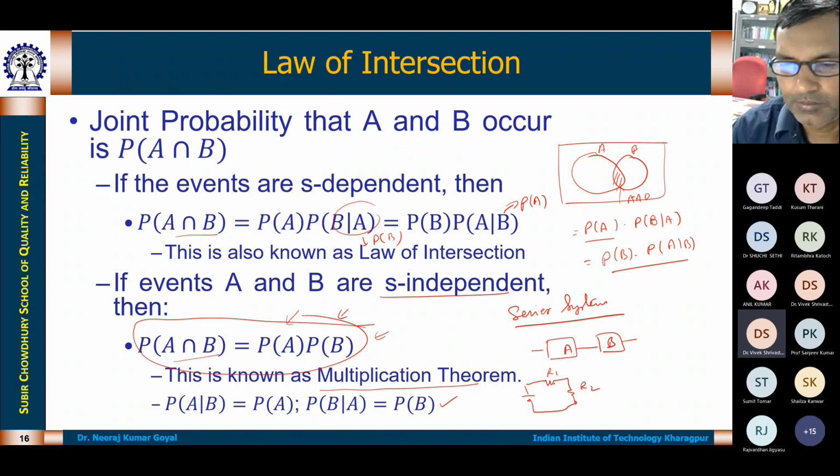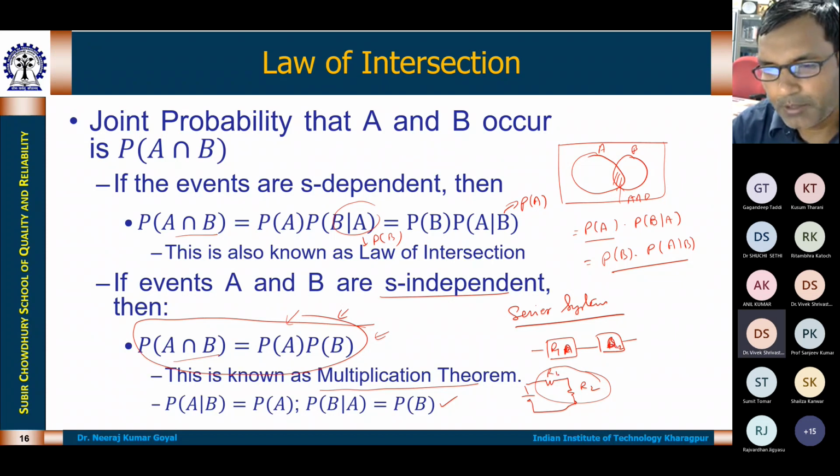Anyone? No, sir, not one. Right? So for the system to work, both have to work. That means this is a series system where R1 and R2 both should be in success state, or both should be reliable. Then only the system will be reliable.